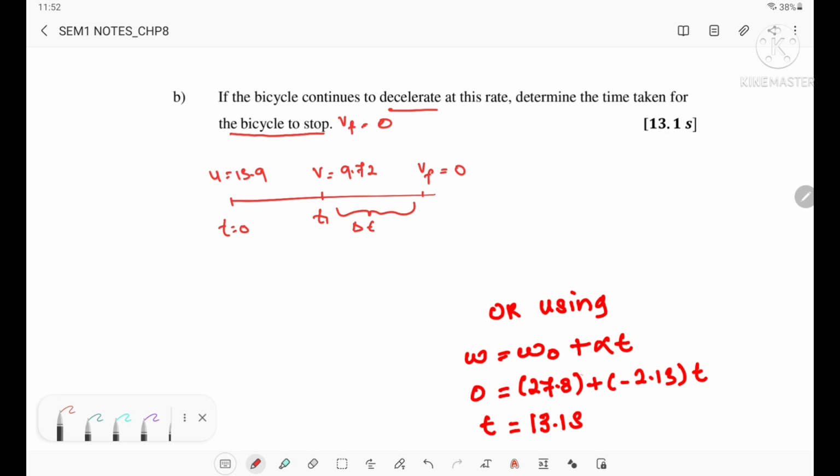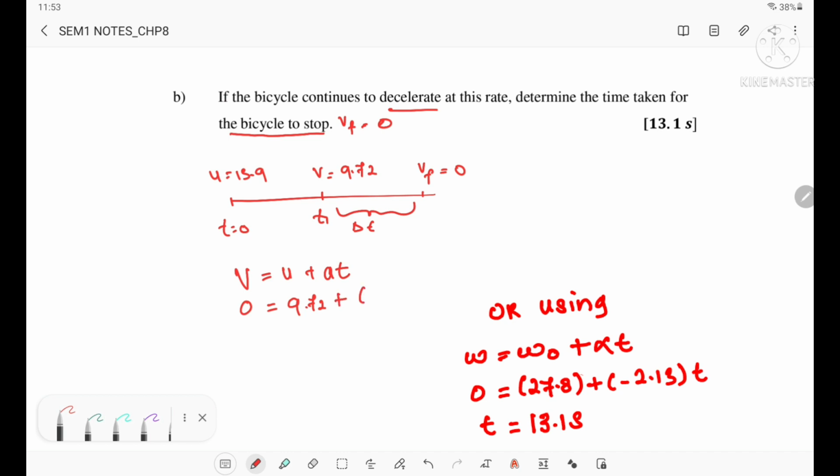Alright, so we are going to use the equation v equals u plus at. So the final velocity is equal to 0, and the initial velocity is 9.72. The final velocity from before will be the initial velocity for this question. So we put 9.72 for the initial velocity plus a.